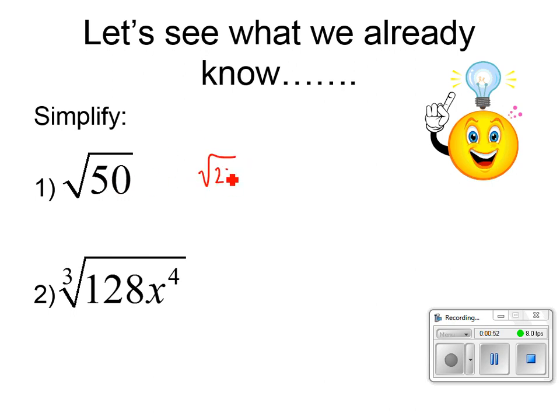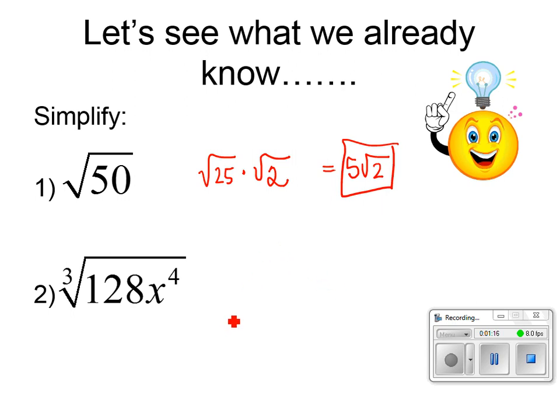That would be 25. How many times does 25 go into 50? Well, that would be 2. And so the square root of 25 times the square root of 2 is what the square root of 50 represents. The square root of 25 will now become 5, and the square root of 2 stays as the square root of 2. Now that's without variables.